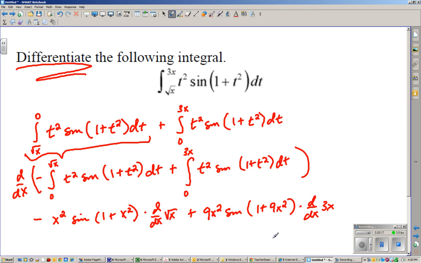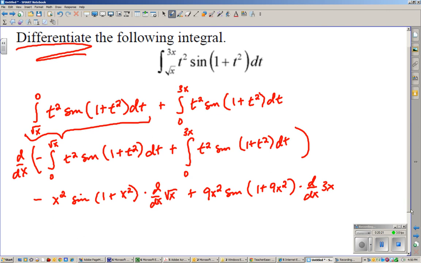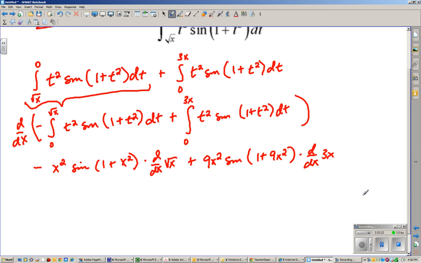So the final step might look like this. Let's adjust this a little bit. Radical x, of course, that's x to the 1/2, or 1/2 x to the minus 1/2, or 1 over x to the 1/2, or 1 over 2 times radical x, right? So I might start off with the positive quantity here, and the derivative of 3x, of course, is 3.